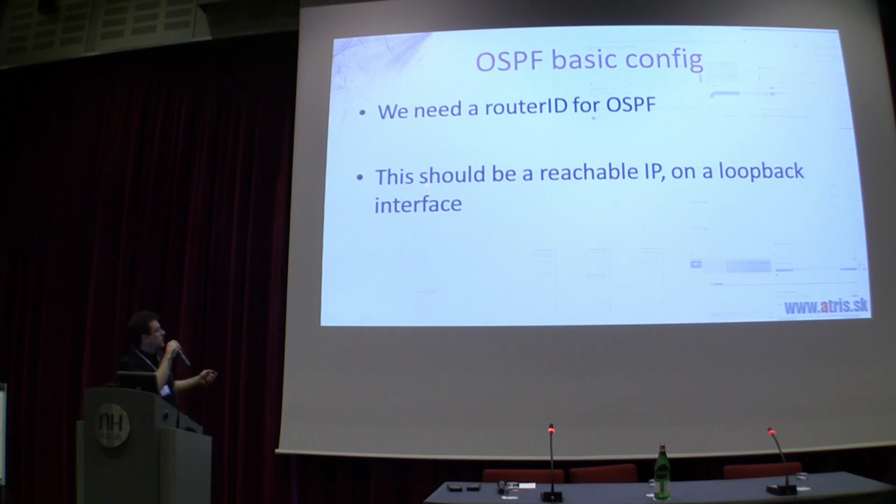And this router ID should be a reachable IP address on a loopback interface, and this is important. It will need to be injected into the routing table of the whole OSPF domain, and on a loopback interface, so when any of the interfaces go down on the router, it doesn't cause a flap. It will always be reachable since a loopback interface is always running.